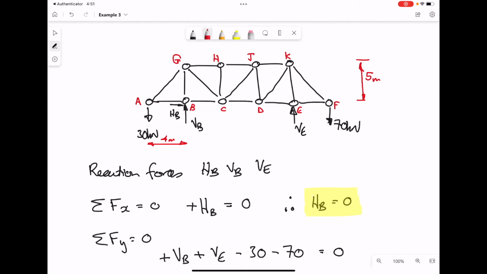What else produces a moment is the force VE, and the distance across from B to point E will be 4 plus 4 plus 4, that'll be 12 meters. And then the last thing that produces a moment is the force at point F, which is the 70 kilonewtons, and the distance across from B to point F is 16 meters.